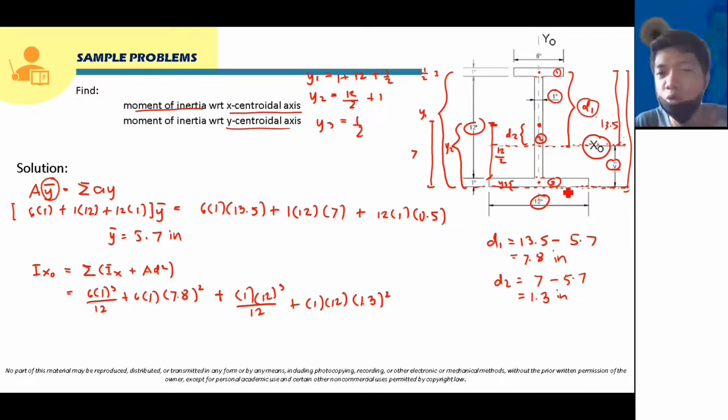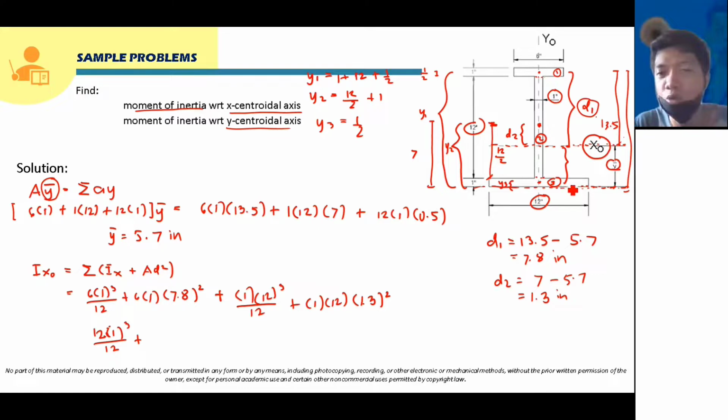Lastly, for the rectangle or area 3, our base is 12 and our height is 1. So that will be bh cubed over 12, with base 12 and height 1 cubed over 12. We also need to include the transfer term because the centroid of area 3 has a distance going to the x sub o, the reference axis.